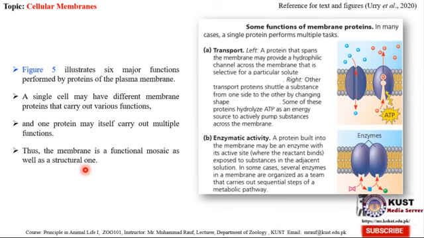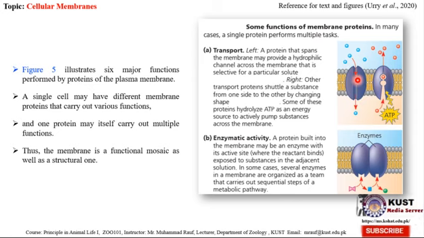So on the right side we start studying different functions of membrane proteins. Transport, of course, is a major function of the membrane proteins. The membrane proteins are amphipathic, their hydrophobic portion is confined in the inner region of the membrane, whereas hydrophilic ends are facing towards the aqueous environment.